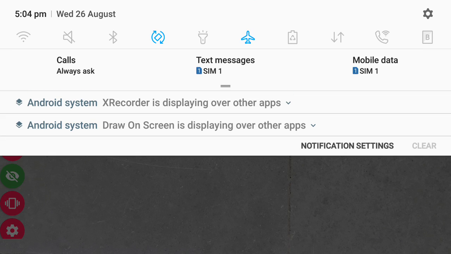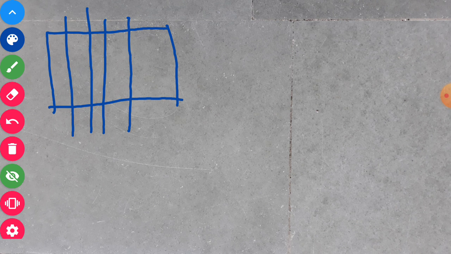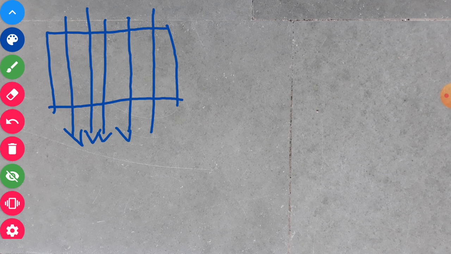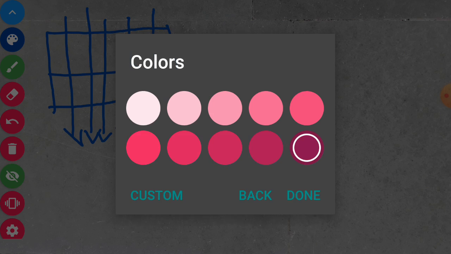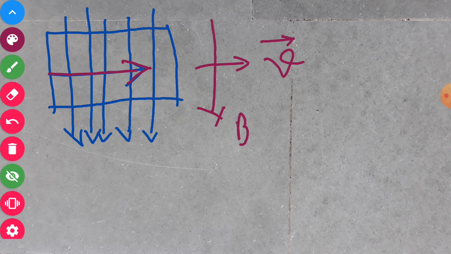We consider that the direction of the magnetic field is from upward to downward. Now this electron is moving perpendicular to the magnetic field. So this direction is the direction of velocity and this direction is the direction of the magnetic field.